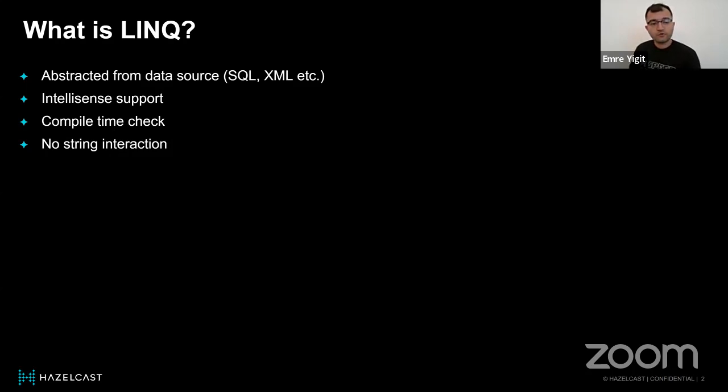And of course, since it's based on Fluent API functionality, it has IntelliSense support. When dealing with SQL statements as strings, sometimes you make a silly mistake and spend hours debugging it. LINQ decreases that debugging effort.